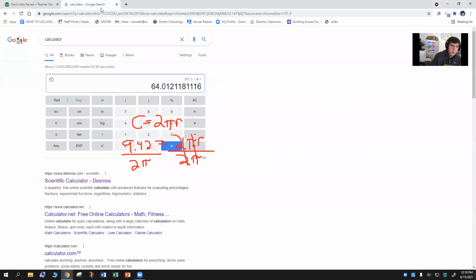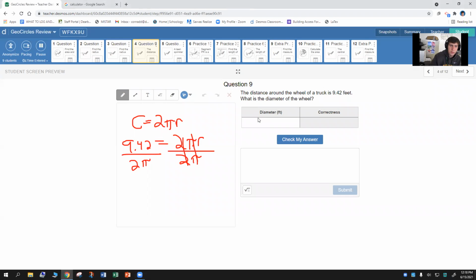So 9.42 divided by 2 pi in parentheses gives us 1.5. That is the radius, so for the diameter we multiply by 2, and we get 2.998, which is 3.00. So we get a diameter of 3 feet.